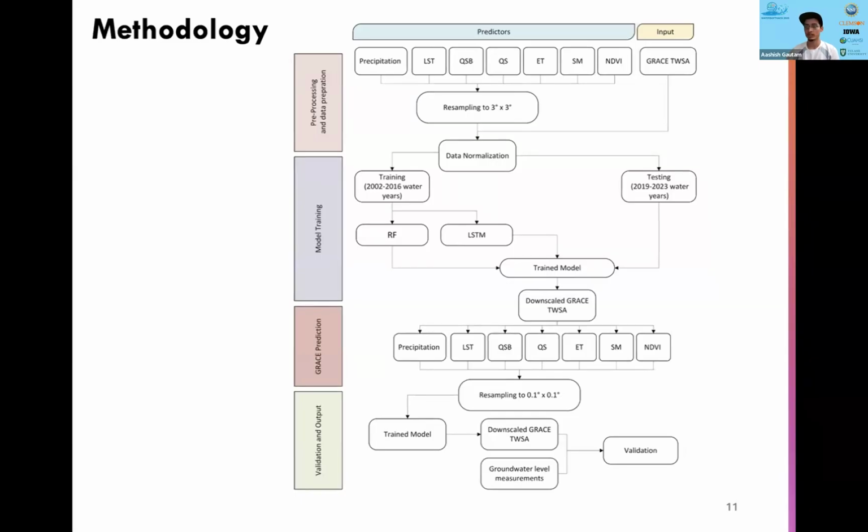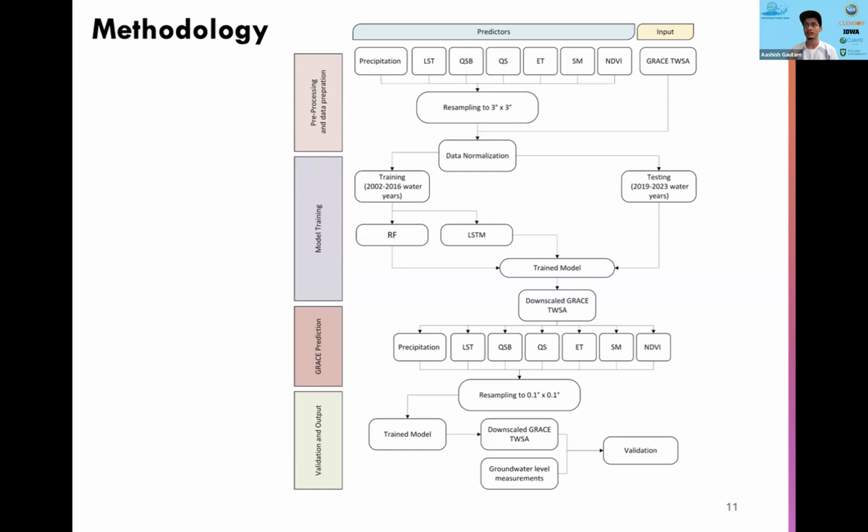We use 2 models here, random forest and long short-term memory LSTM, to learn the relationship between predictors and GRACE. Once trained, the model generates downscaled GRACE data, which is combined again with the predictor variables and resampled to a finer resolution of 0.1 degree in our case.